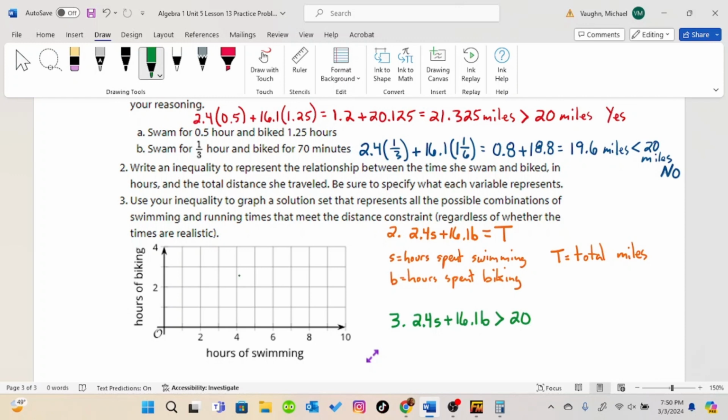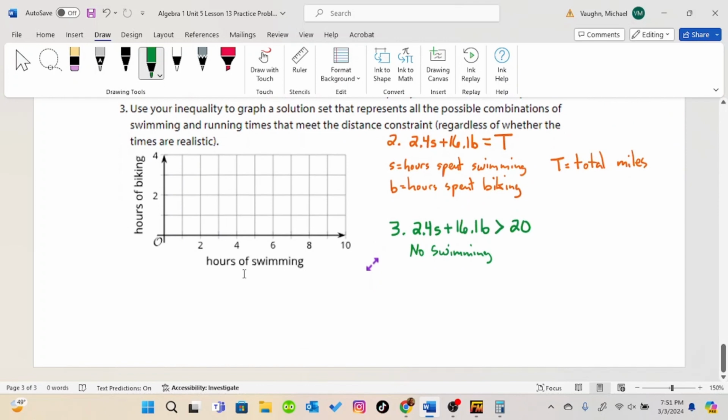So first, we can say, what if they did no swimming? We put 0 in for S, and anything times 0 is 0. So no swimming would be 16.1b is greater than 20.